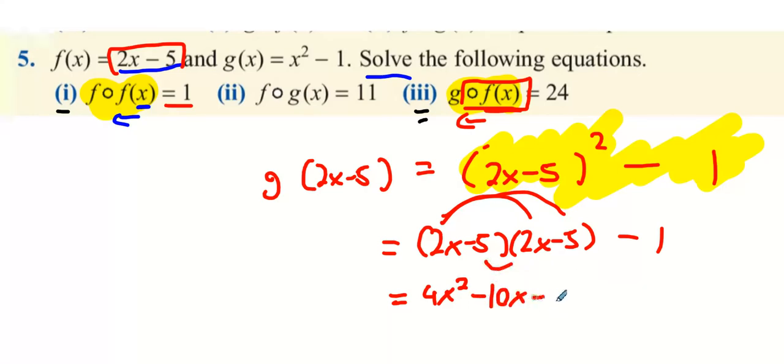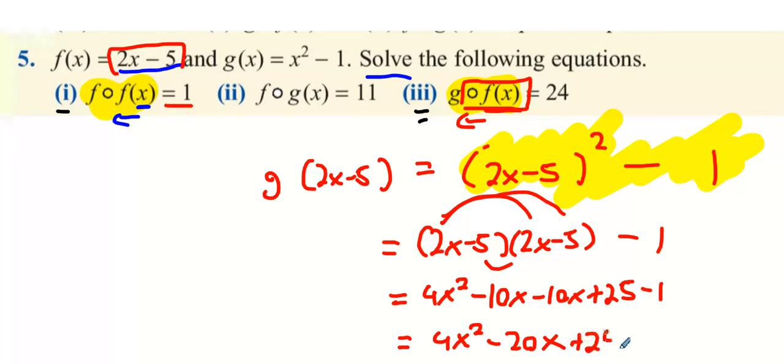Minus 5 times 2x is minus 10x. Minus 5 times minus 5 is plus 25. Take away 1. Then we get 4x squared minus 20x, and 25 take away 1 is 24, and that in turn equals 24.